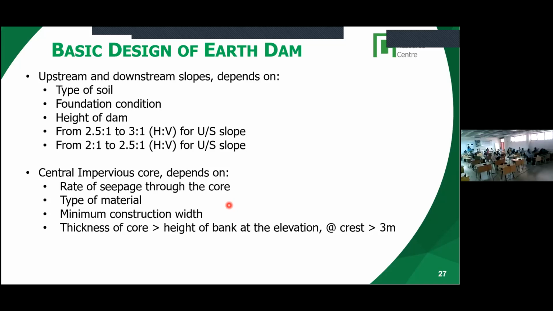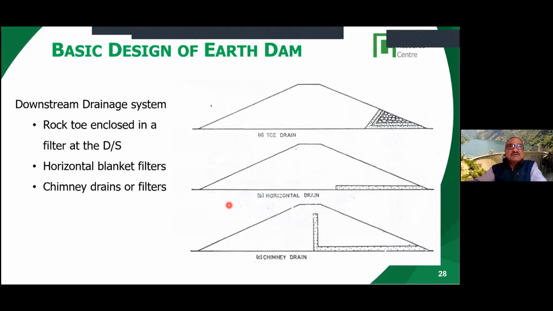And the thickness of the core should always be larger than the height of the bank at the elevation, and at the crest, it should be more than 3 meters, okay? So these are basically the norms used for earthen dams, okay?